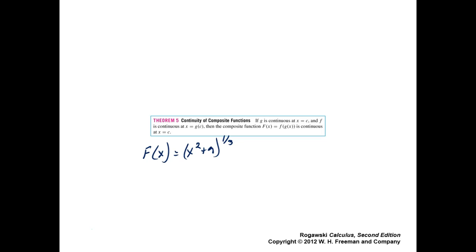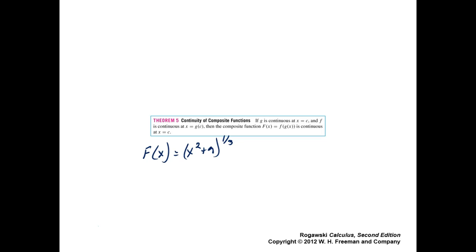When you're given something like this, it is a review from, hopefully, pre-calculus algebra. You have an inner function and an outer function.